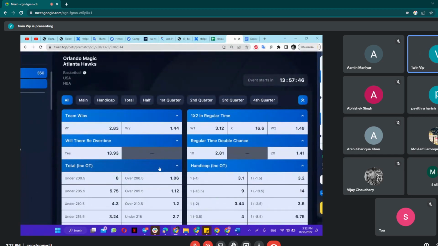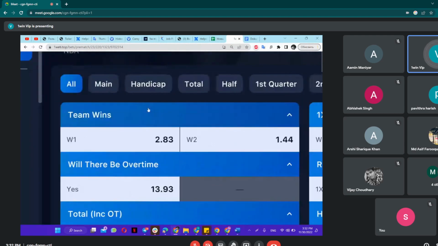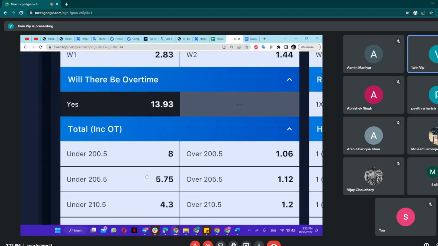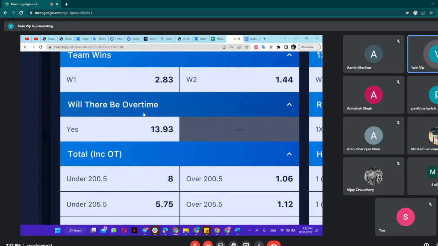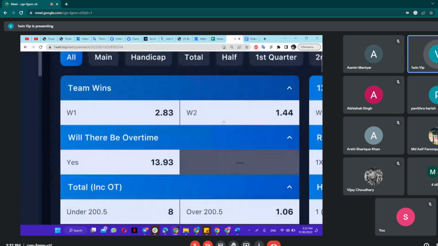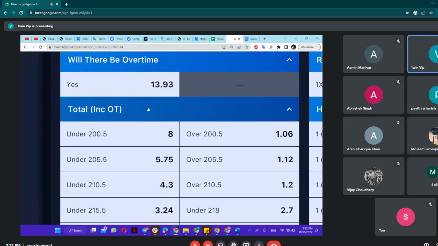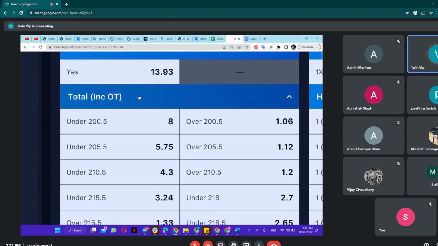We have betting on 1x2 in regular time. We also have betting on team wins, which includes overtime, penalties, etc. For basketball, it's only overtime. We have betting on whether there will be overtime, yes or no. No is not available at the moment, but will be available later.